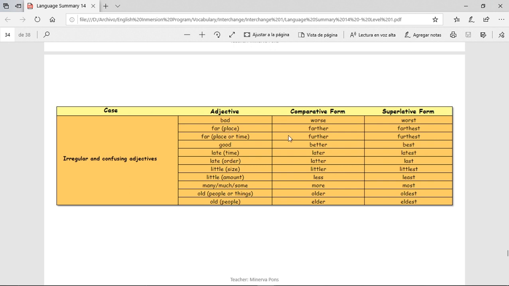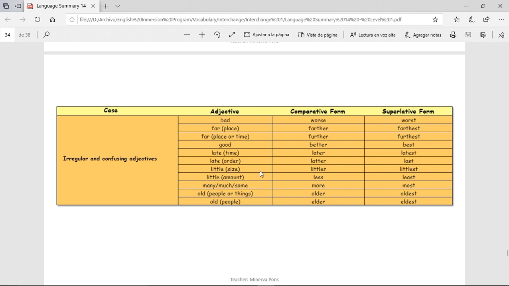Far for place is farther or farthest. And far also for place and for time is further, furthest. Late for time is later and latest, but late for order is later and last.